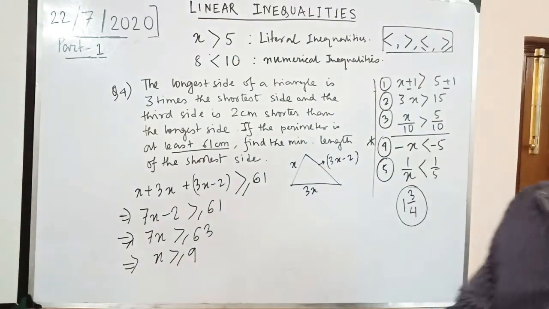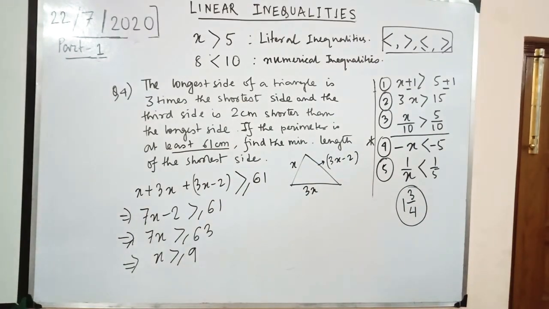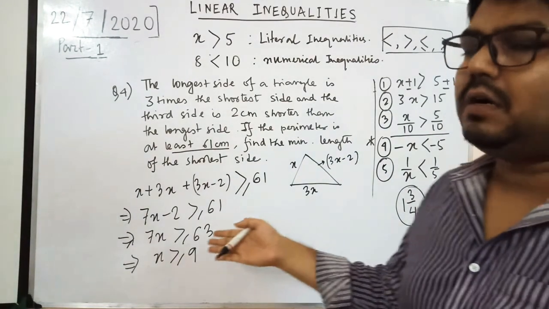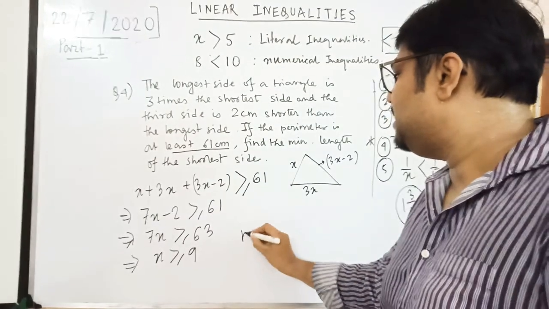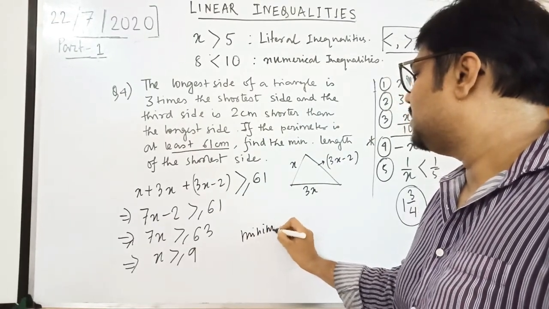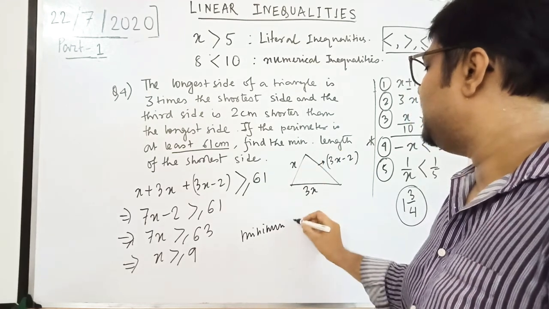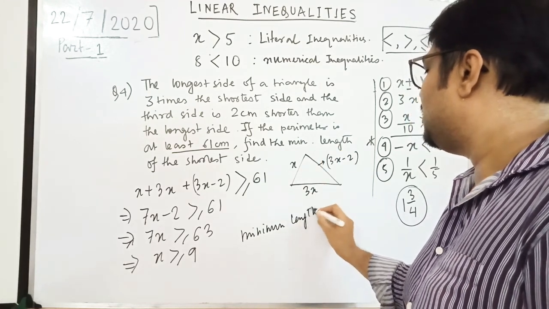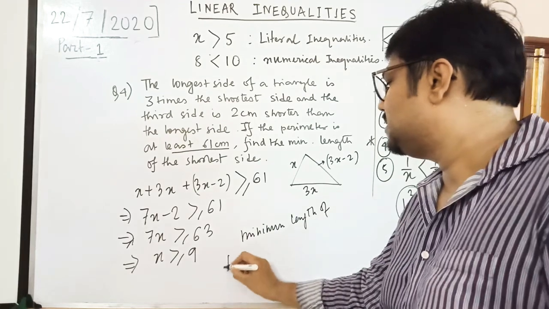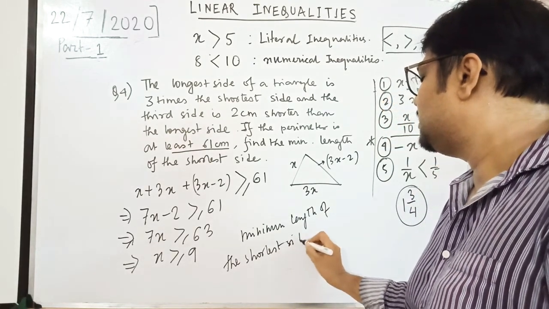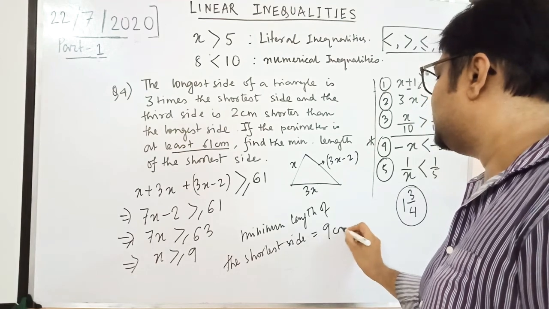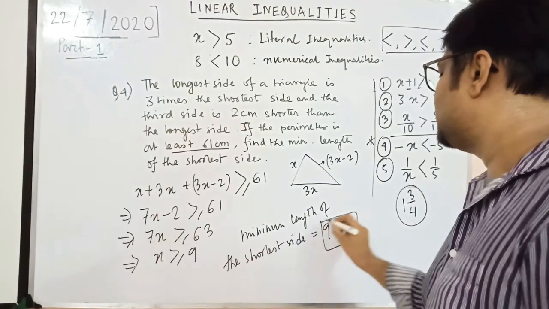That means it can be 9 or more, any number from 9 onwards. So the minimum length of the shortest side is 9 centimeter. So this is the answer.